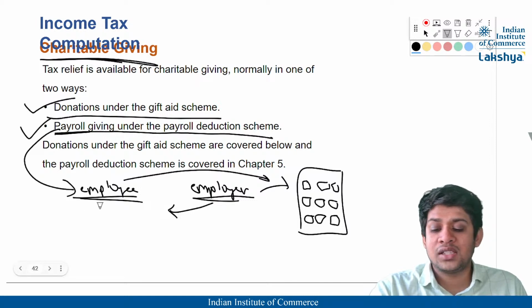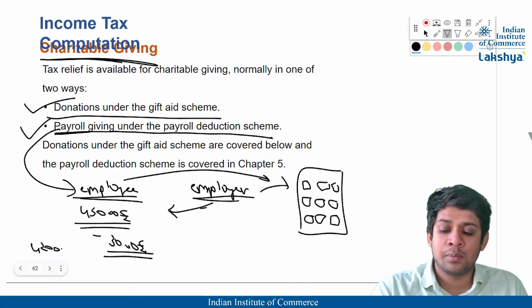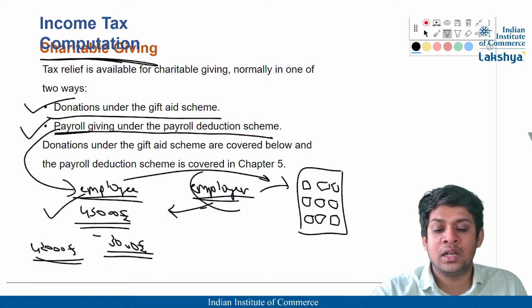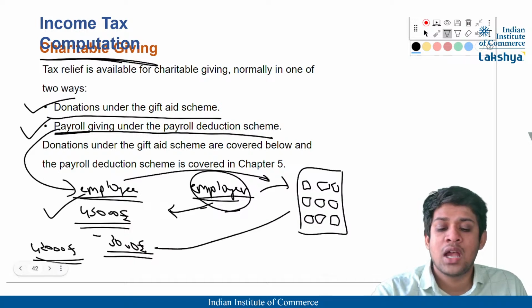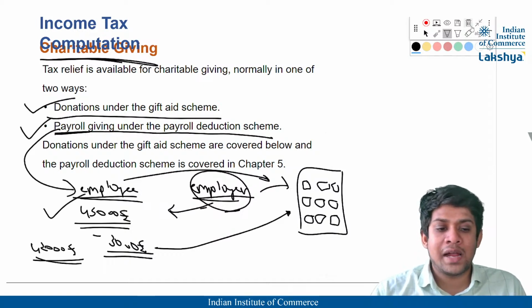If the employee's salary is say 45,000 pounds, from that you contribute 3,000 pounds towards this. So the employer will pay him only 42,000 pounds as his employment income. The employer will directly deduct this 3,000 pounds, and it will go as charitable giving to his own run educational center. I hope, guys, this is clear.